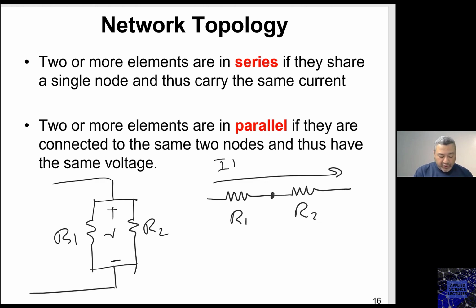Now, regardless of whatever components I have here, R1 and R2 are connected in parallel. So notice that they are sharing both terminals, which means they have the same potential difference across both of them. This means that R1 and R2 are in parallel.